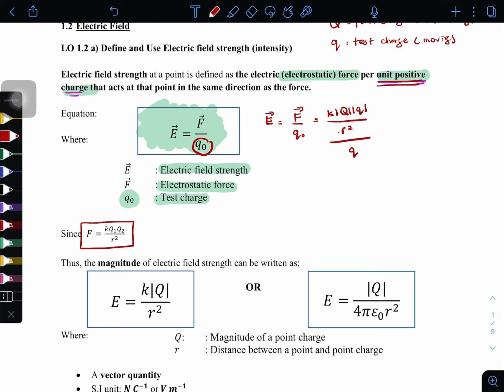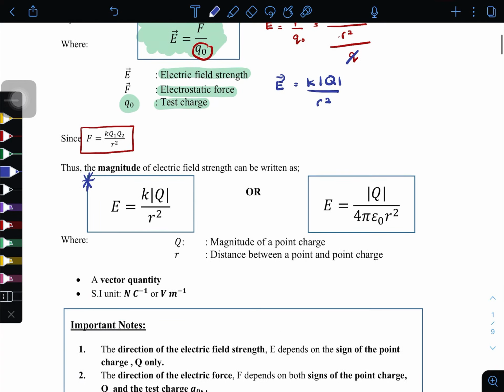So from here, we can cancel the q because it is the same q. What is left for E is equal to k modulus Q over r squared. So this is the definition and this is the equation.